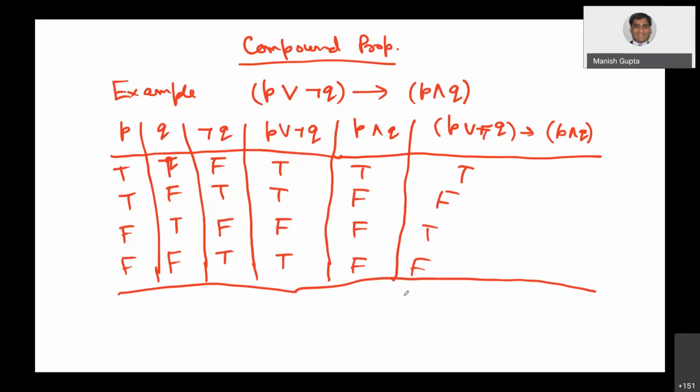One more interesting thing: as I mentioned, true and false can be written as 1 and 0 as well. In some books you will find that, rather than writing T and F all the time. And there is some precedence of logical operations. If we are given a larger compound proposition, which one should we evaluate first? So there is a precedence of logical operators.